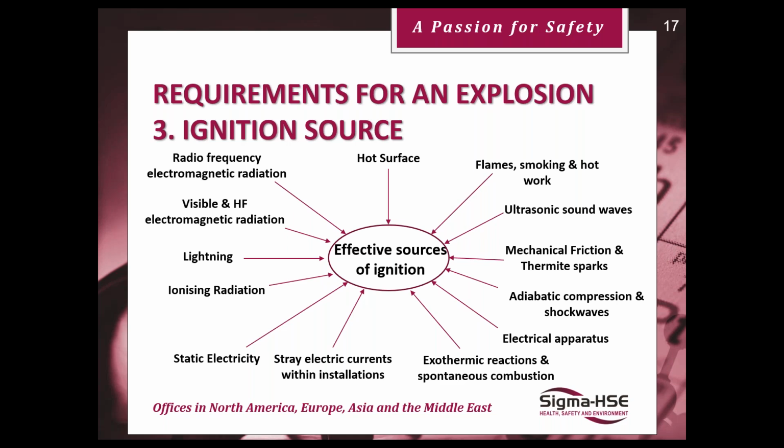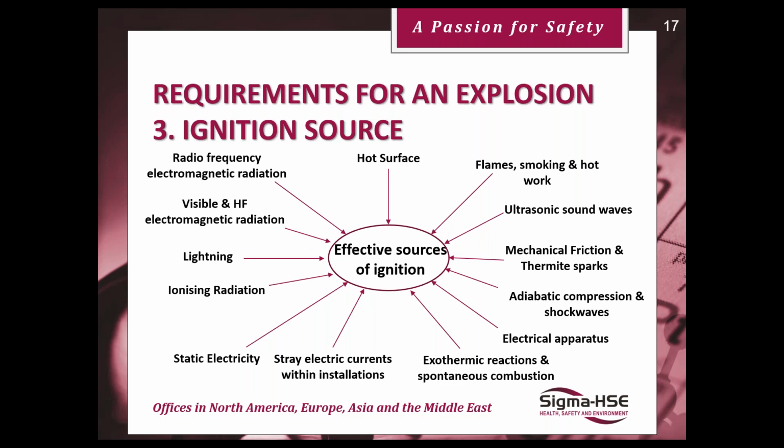So there's lots of ignition sources, and as a process safety professional, we're brought up believing that in terms of the hierarchy of control, trying to prevent ignition sources is relatively low on our agenda. We need to focus on removing the fuel air atmosphere if we can.